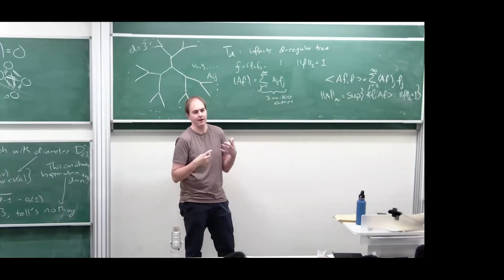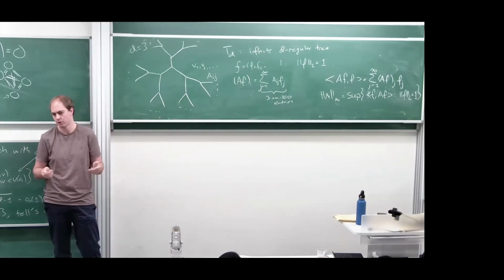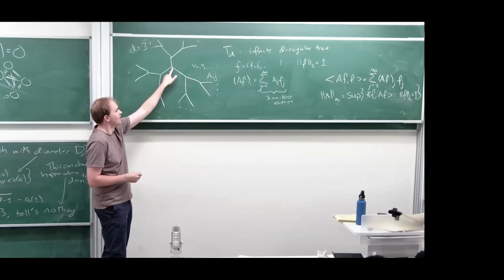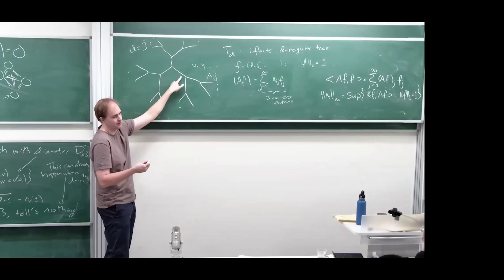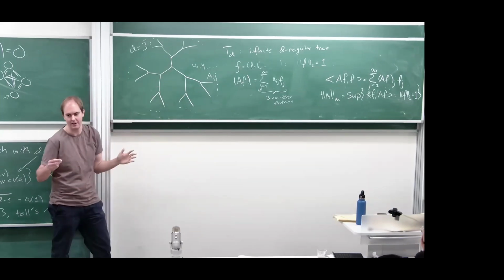So if A were an adjacency matrix of a d-regular graph, then this would be just d, because we can take the all-ones vector that corresponds to the top eigenvalue. Here we can't take the all-ones vector, you can only try to truncate it. One decent guess could be you put 1 for these 4 vertices, scale it down, or you put 1 for everything which is distance 2 from the root, scale it down to have a unit vector, and so on.